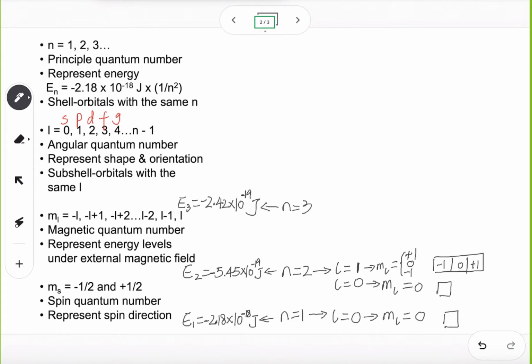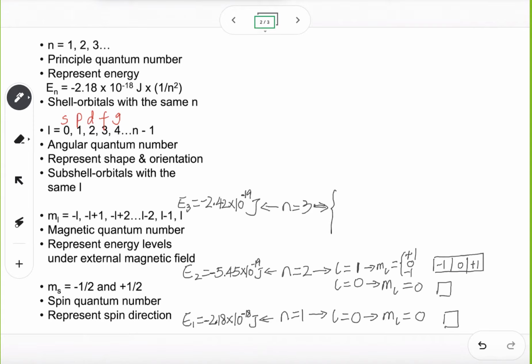Again, this energy is going to be higher than both of them. Now, when n equals 3, what are the possible values for L? Again, let's start from 0. The first value for L is always 0.